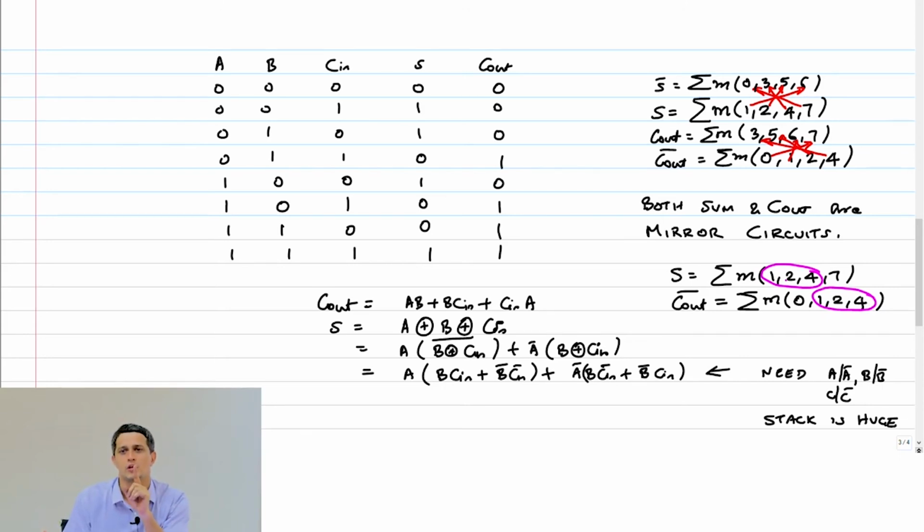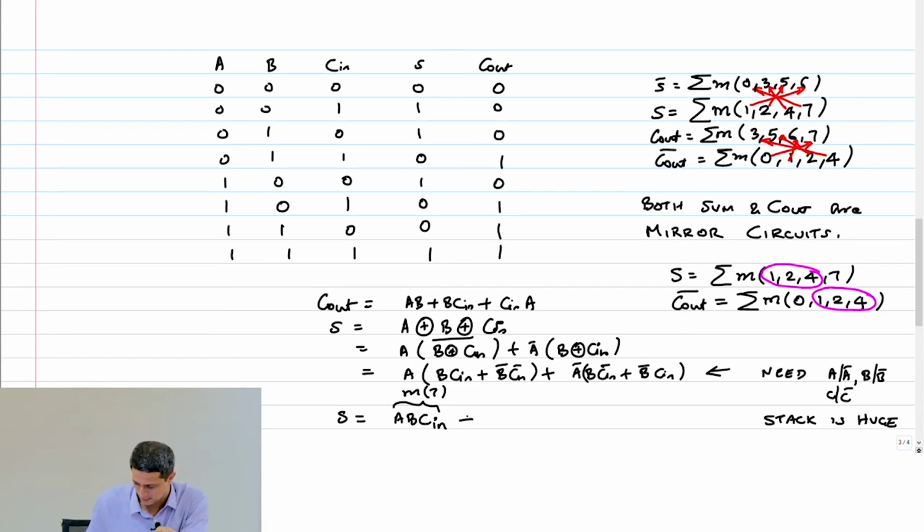For example, when the input is 1, 1, 1, my carry out bar will be 0. But I need a thing for that. So therefore, I have to add that min term into my thing. Okay, so what I'm going to do is, I can say that sum is A, B, C in. Right, this is the min term 7, M of 7.